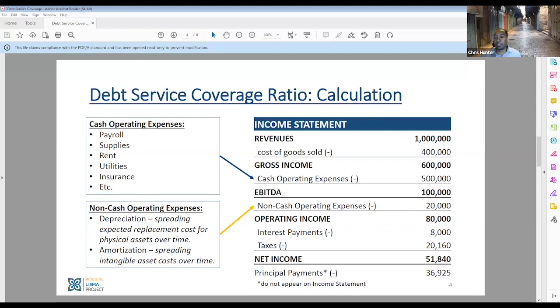So depreciation would say, every year for 10 years, I want to recognize 1/10 of the cost of that car. I think of it like a fake savings account, where every year I save 10% of the cost of my car, so 10 years later I can just replace it.